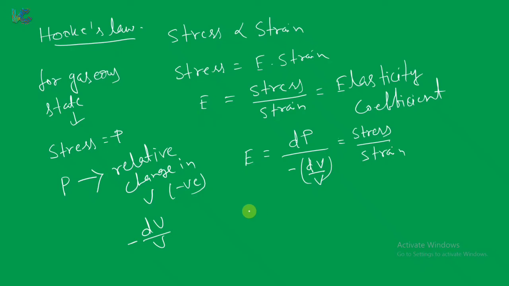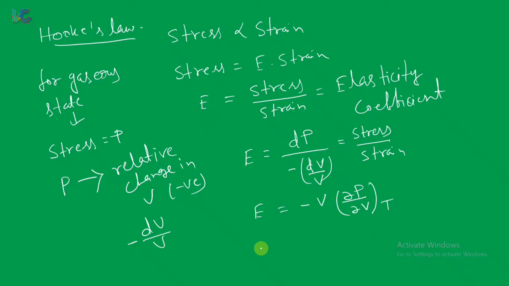So E is equal to minus V del P by del V, and in this case the temperature will remain constant.